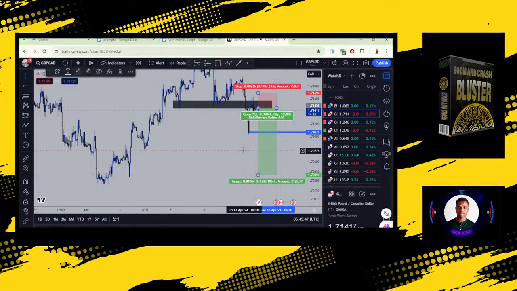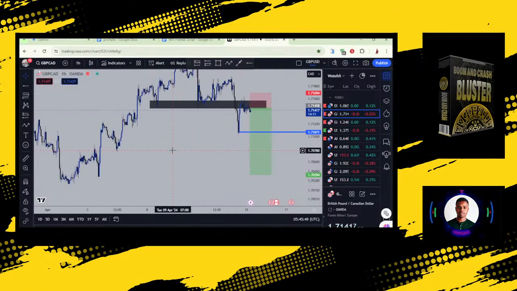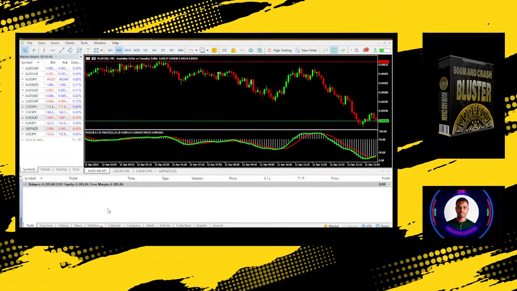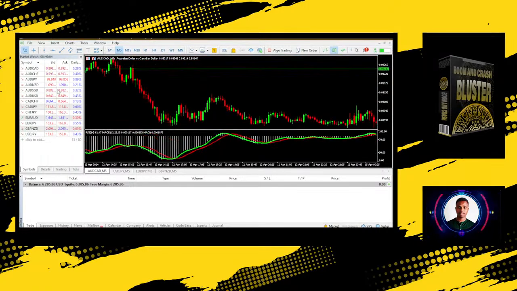I can put 4-to-1, 5-to-1 risk to reward ratio, but note that I'm going to close my trades anyway after the market reaches this zone or breaks this zone. I might not really wait for all this, right? So I have 6,200. I have some equity here which I want to use.